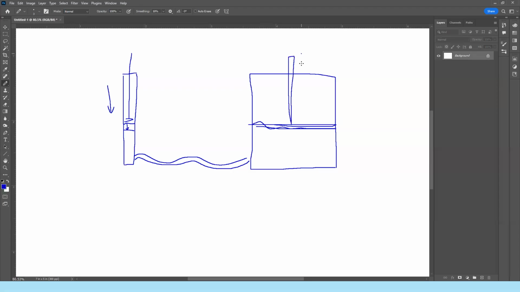It is going to push it up, but not as much of a distance as this one here, because we have a bigger area here, and that volume is going to disperse in a larger area. So that's what we are dealing with here.